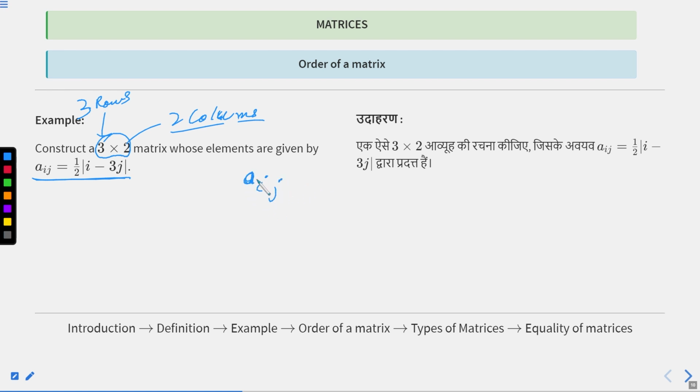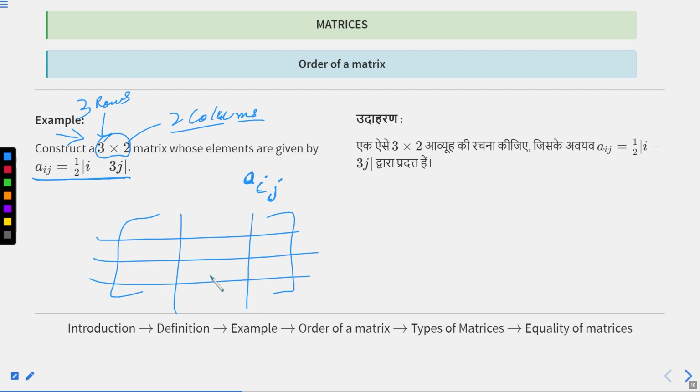This A means the entry of a matrix, and what matrix? This matrix. And ij means, then we know the matrix, we know the entries, we know about rows. We will have 3 rows and 2 columns, in total 6 entries, 1 2 3 4 5 6.